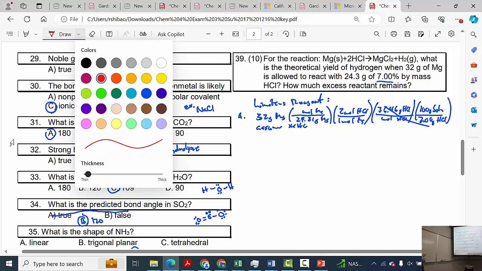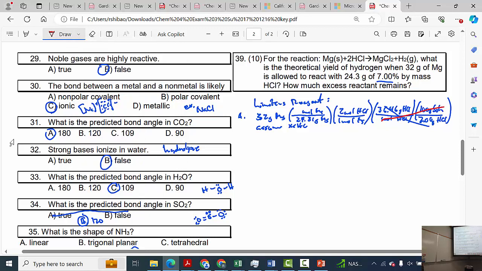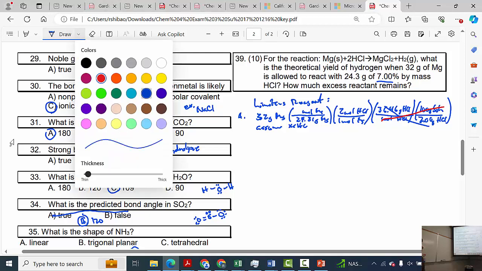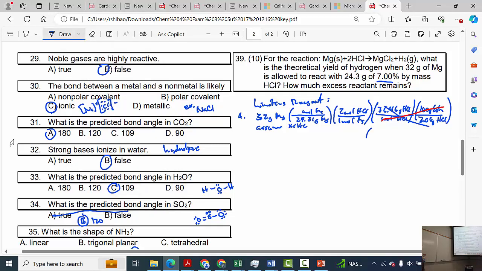Actually, I don't want that, do I? I want the yield of hydrogen. This is wrong. Sorry. I could do it this way, but that would be the comparison of moles method. And I want to use the smaller amount method.